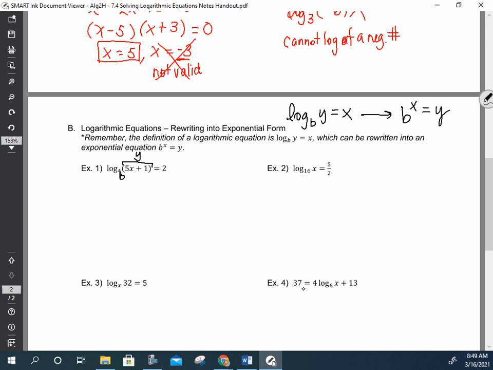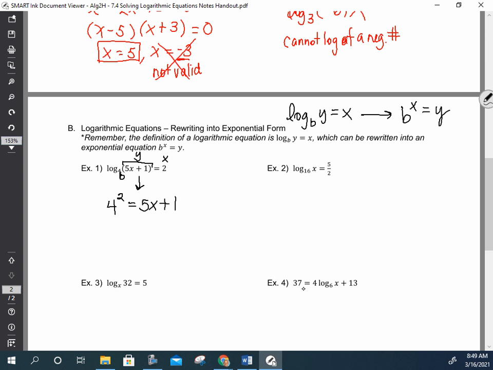So you take all of it together. 2 is your x. When we do the rewrite, b is 4, x is 2. So 4 squared equals 5x plus 1. That's what you should have if you rewrote it correctly.